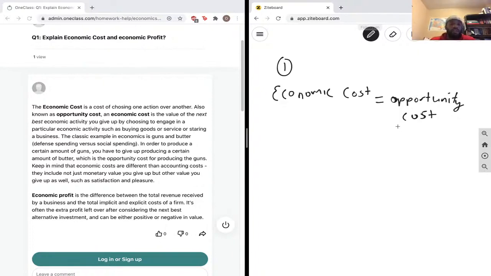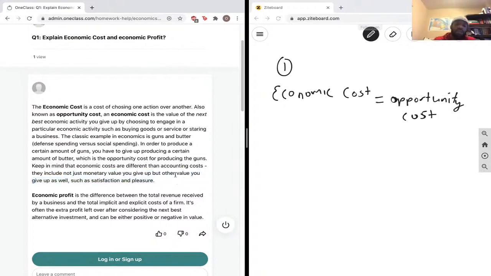And like our tutor says here, this is the value of the next best economic activity you give up by choosing to engage in another economic activity. Another key thing is that this looks at the value, but our tutor also says it's not just the monetary value, but the other value that you give up as well, which is the satisfaction and pleasure you gain from doing the other economic activity.